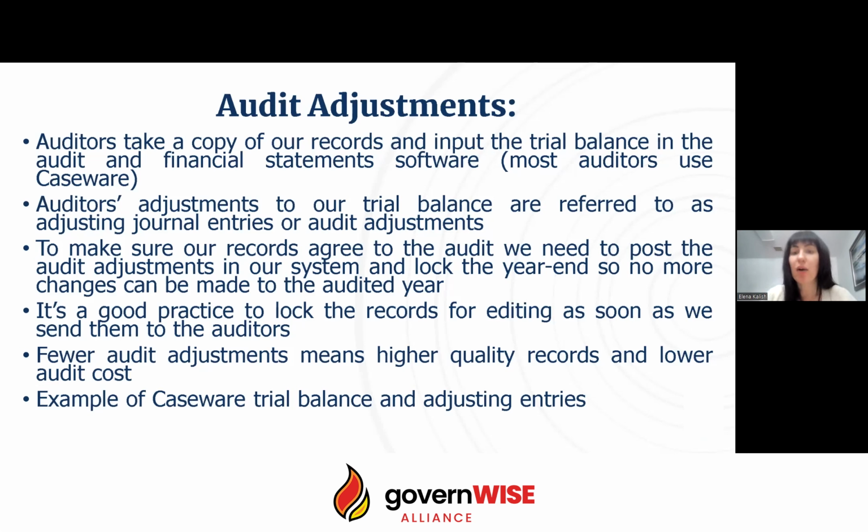Okay, now for the ones of you that attended the year-end preparation checklist webinar, the first item on the checklist is make sure that last year's numbers agree to last year's audit, right? Very important. And that is achieved by making sure those auditors adjustments are made in our system. And that in the end, once the adjustments are made, the numbers in our systems completely agree to the audit.